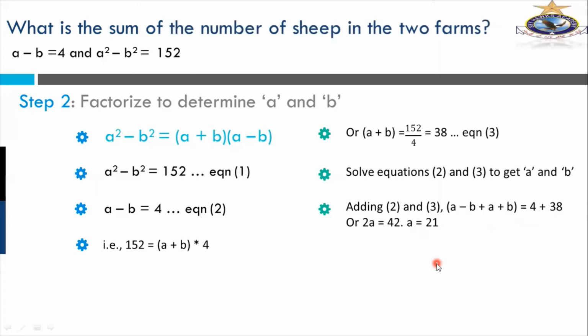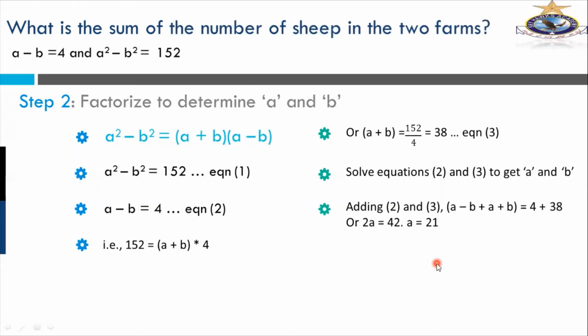And we can find B. Once again, A was the total in the first row of farm A, that is the number of rows and also the number of sheep standing in that row.